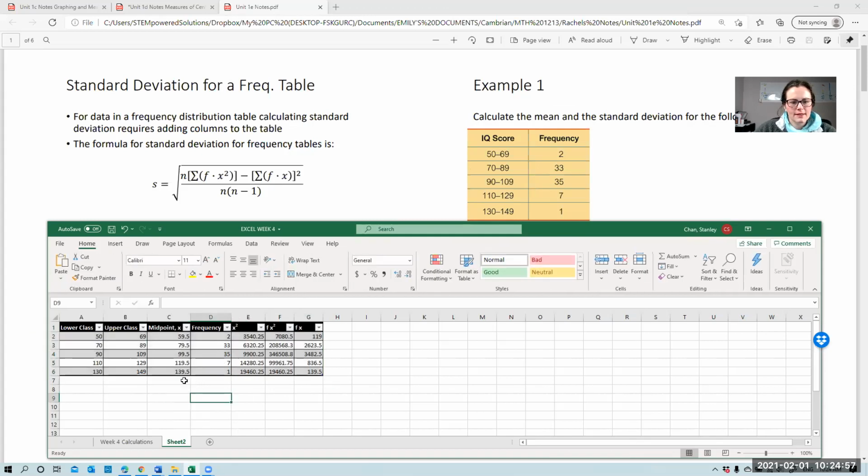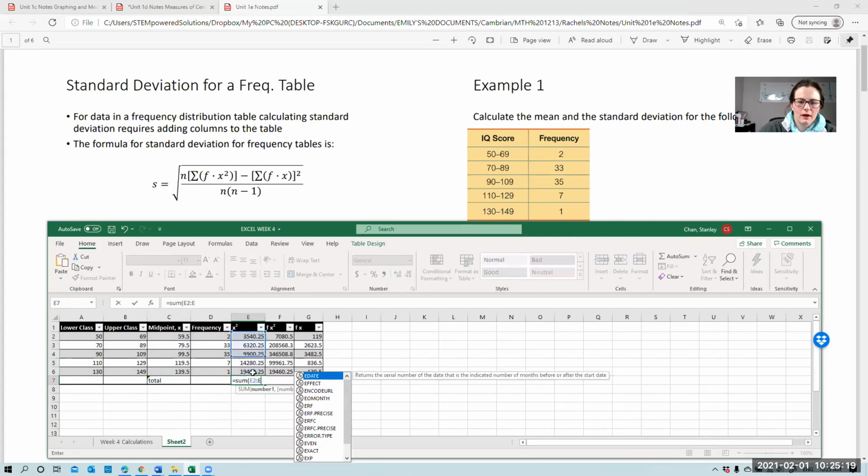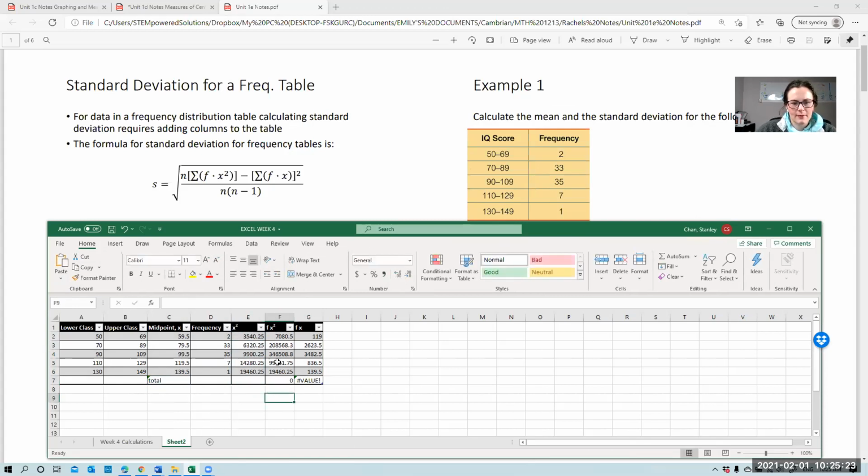I'm going to format this as a table. My table has headers. Okay, so now we have a table going on here. And now I'm going to sum up all of these values, because that's what the formula needs.